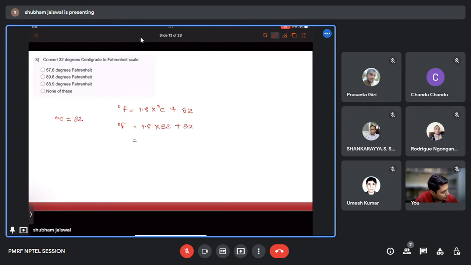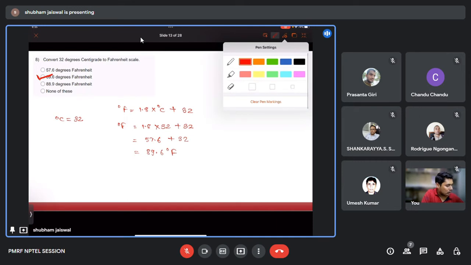This is 57.6 plus 32, which comes out to be 89.6 degrees Fahrenheit. So the correct answer is 89.6 degrees Fahrenheit. This is just a conversion, showing how we can convert temperature from the centigrade to the Fahrenheit scale.